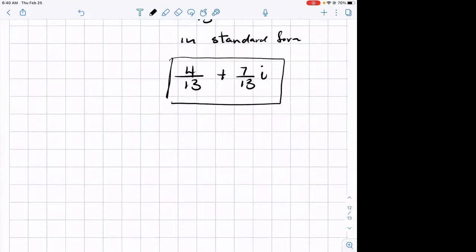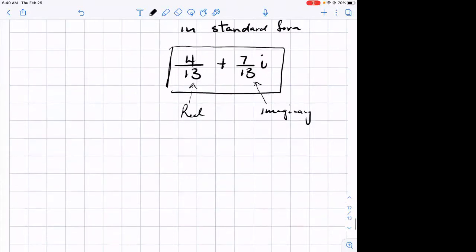This part here is the real, this part here is the imaginary part. They're separated. And this is what we do when we have to divide.